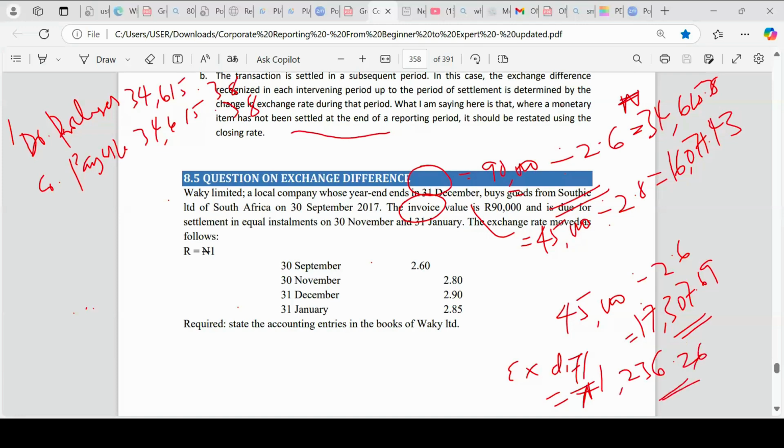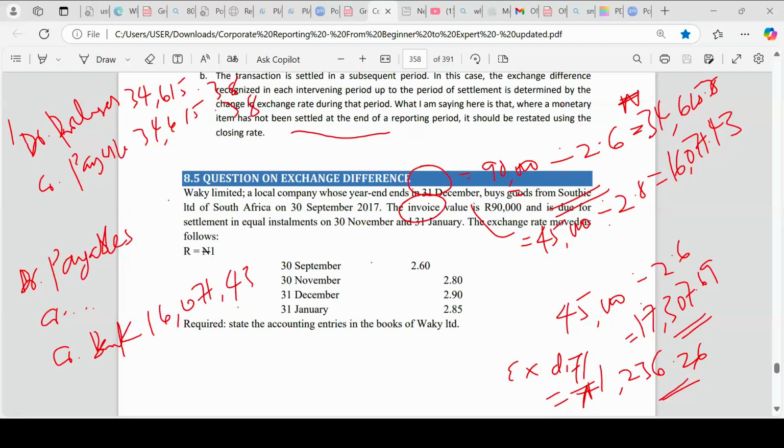So how do I go about this? The double entry is quite easy. Simply just say we are going to debit payables, credit bank. Start with crediting bank. Bank will be credited 16,071.43.